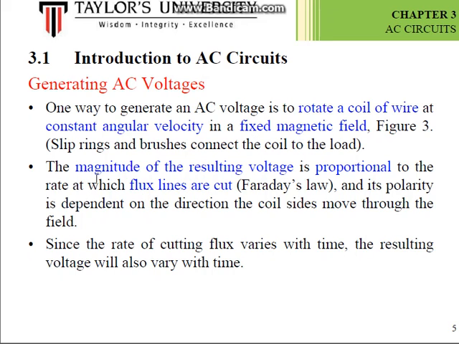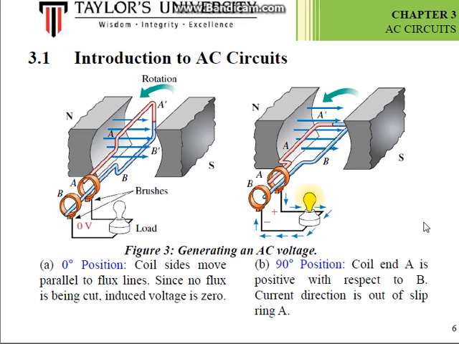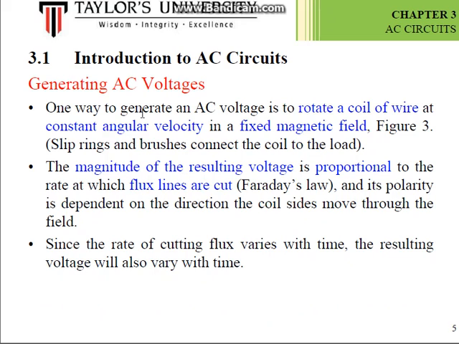Figure 3 here shows this figure. You can see that you have a coil, and then you have the presence of two magnetic fields. I think for some of you, you're quite familiar with it already, because this is an example of what you may have seen in your physics last time.